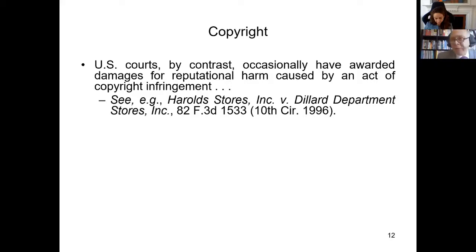This was a case involving copyright in fabric design, so patterns that might appear on a dress or a blouse, jacket, not the cut of the jacket, because that is not a copyrightable work as such in the US, but the pictorial design that might appear on a garment.